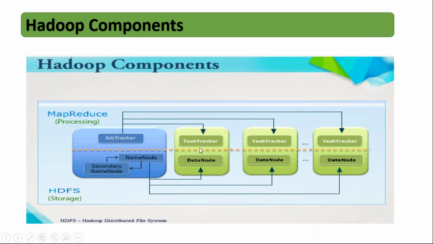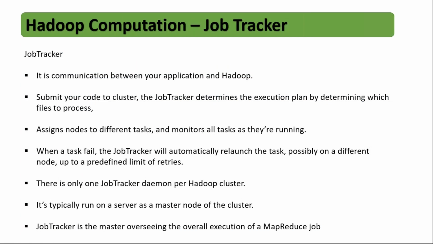Task tracker 1, task tracker 2, task tracker 3, task tracker 4. Multiple task trackers. So that is the reason we say here, job tracker is the communication between your application and Hadoop. Hadoop means here cluster. Between your application and cluster.